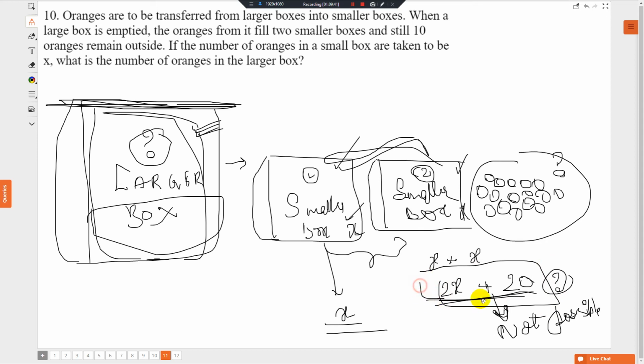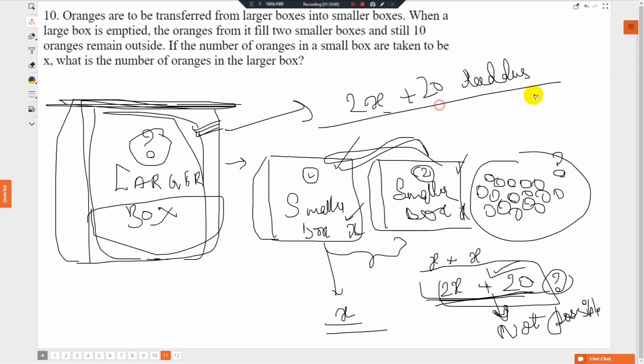So this is the answer for the larger box. How much does the larger box contain? It contains 2x plus 20.